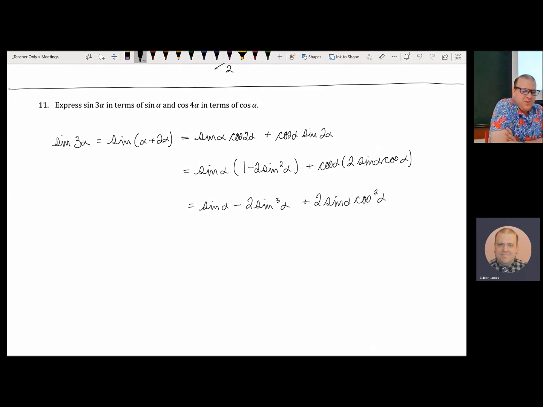And now we have cosine squared, which is nice, because cosine squared is 1 minus sine squared.